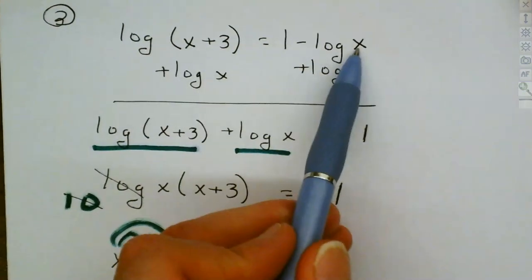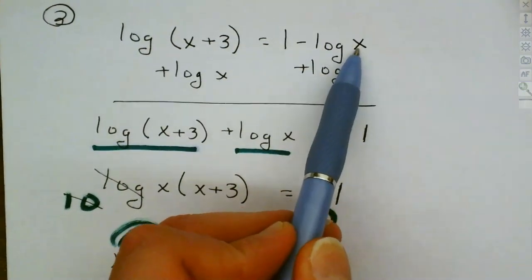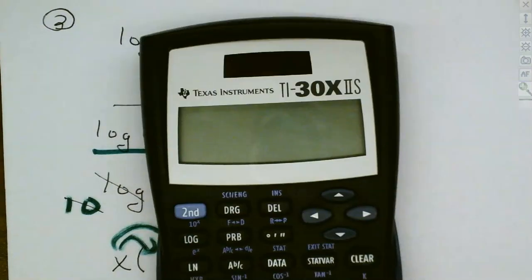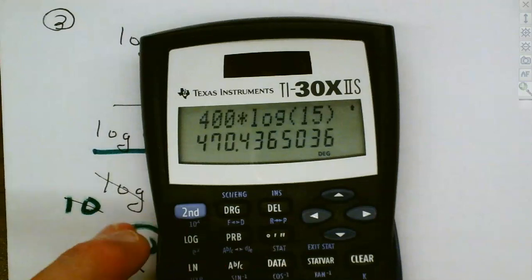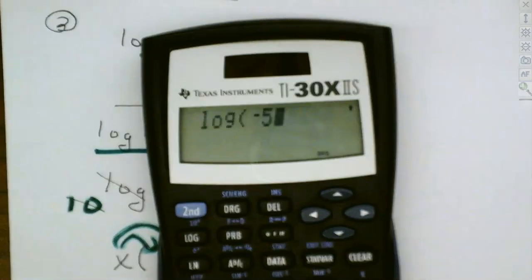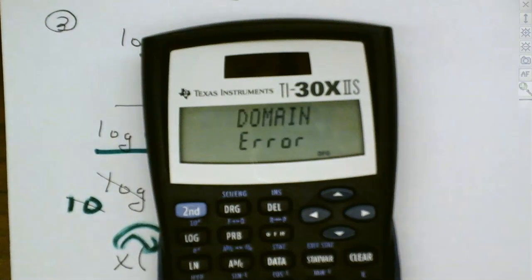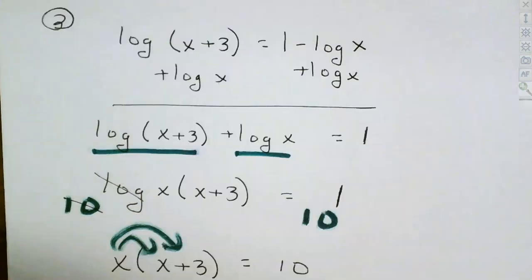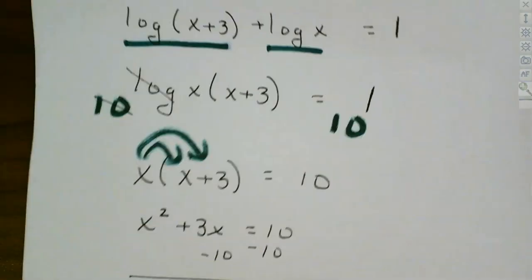If I plugged in the negative 5, can you take a log of a negative 5? No, because if you try it in your calculator, what's it going to do? If you try to take the log of a negative number, right, there's our log. If we try to take log of a negative 5, look what it gives you. It gives you a domain error, right? Doesn't work. So we cannot use the negative 5.